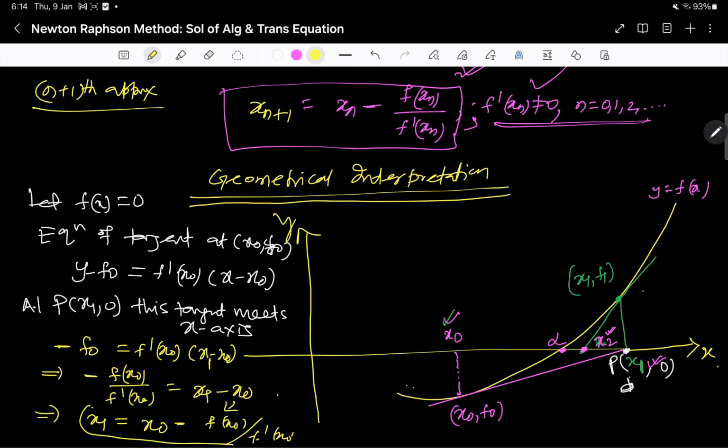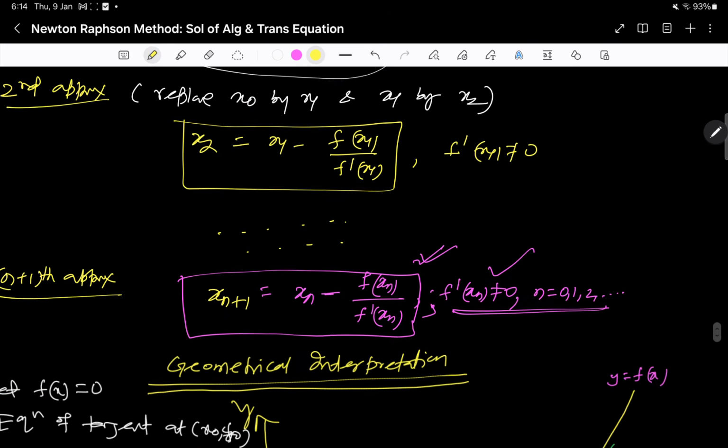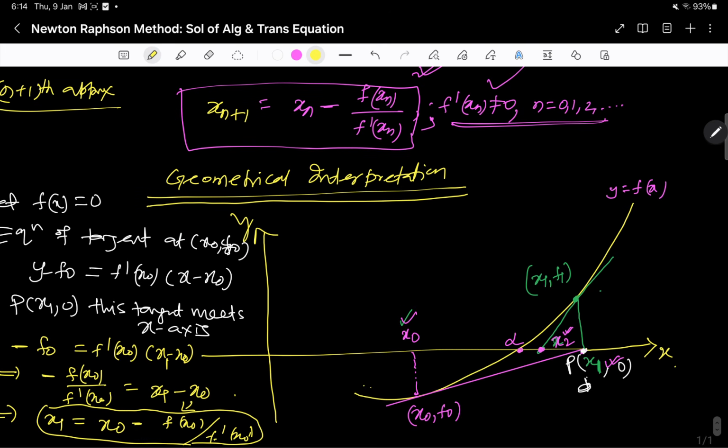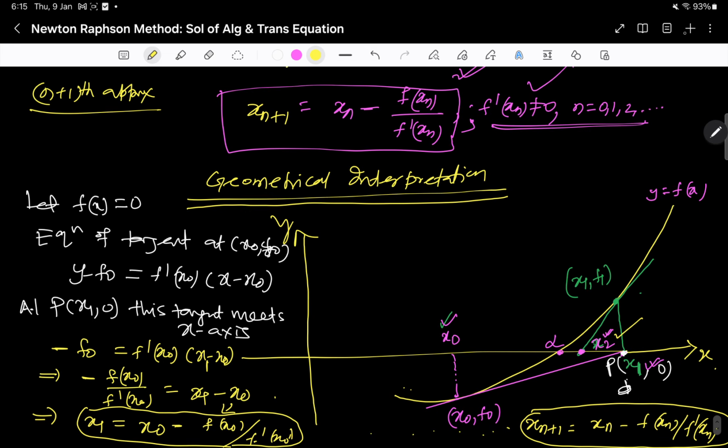Likewise we can extend it to get the general formula. Subsequently for x2 and so on we continue to get the general formula: x(n+1) is equal to xn minus f(xn) by f dash xn. So this is the geometrical interpretation of the Newton-Raphson method, right? Here y is 0 means I can write 0 minus this.